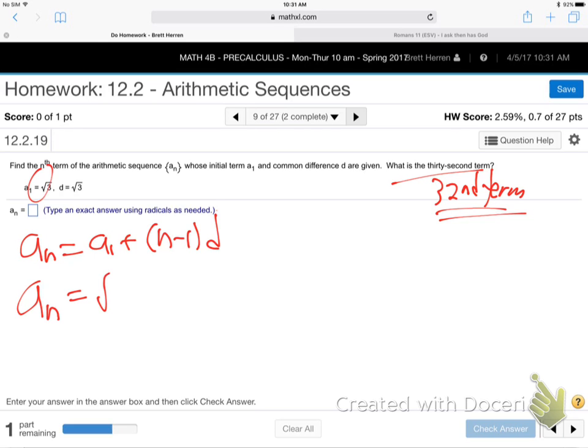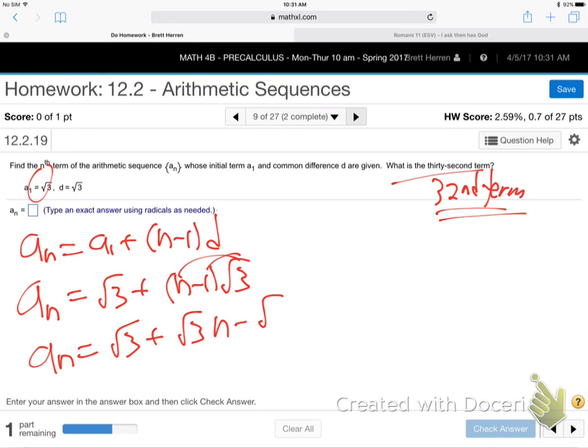A1 is root 3. D is root 3. Kind of getting sloppy here. Let me try that again. So A1 is root 3. D is root 3. So you can distribute that. Plus root 3n minus root 3. These cancel, huh? So a sub n is just root 3n.